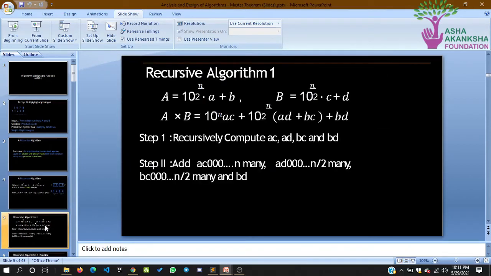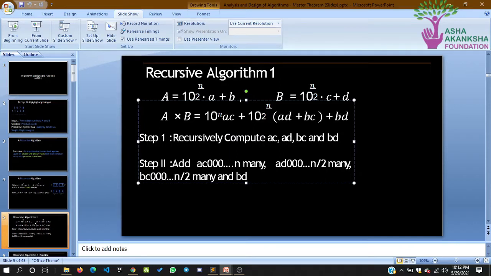So in this recursive algorithm, in step 1, what do you have to calculate? First thing first, I am discussing Karatsuba's algorithm, and I am discussing the first version of it. To get this formula, you have to calculate ac, ad, bc, and bd.